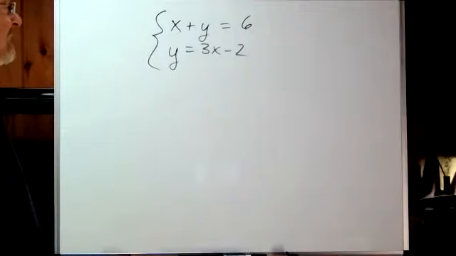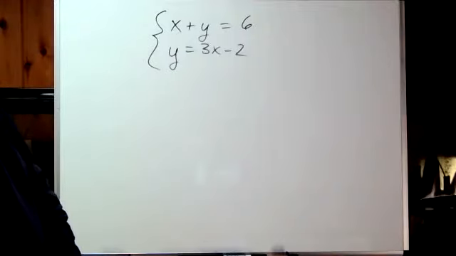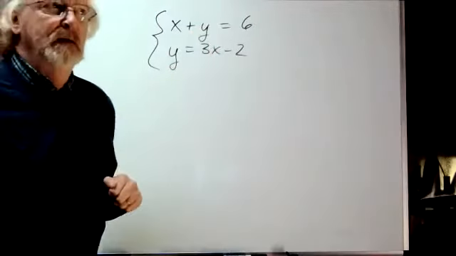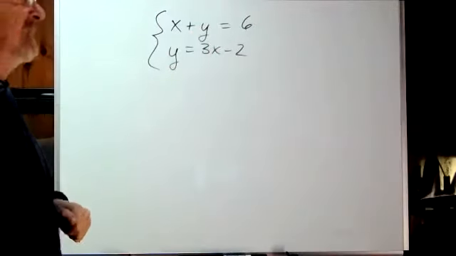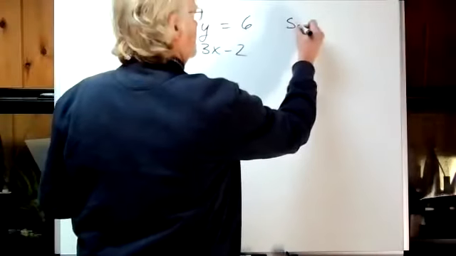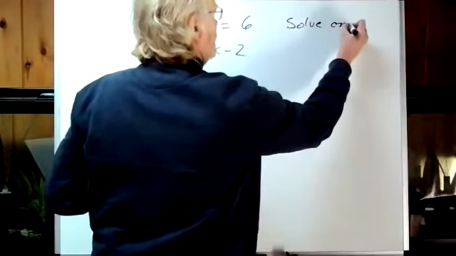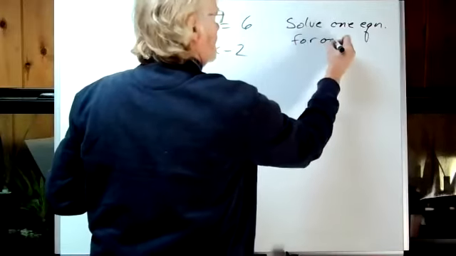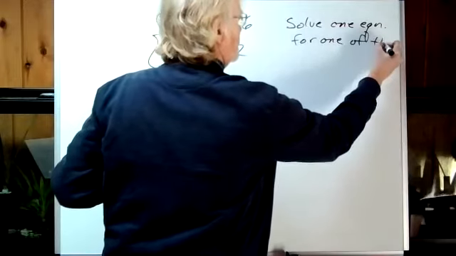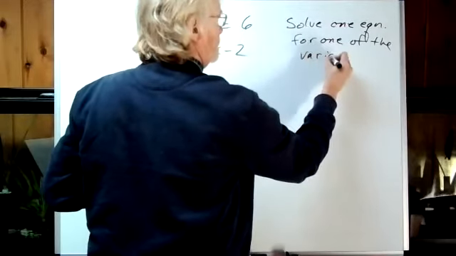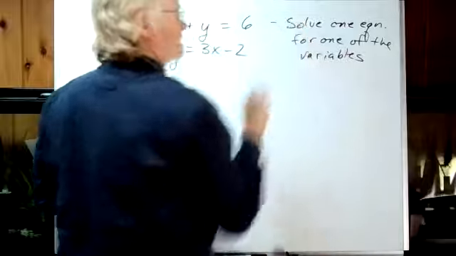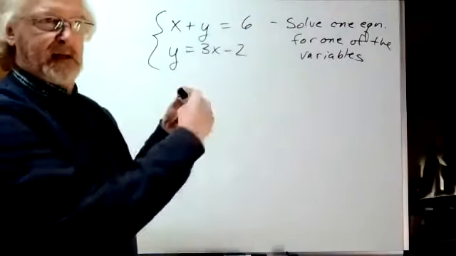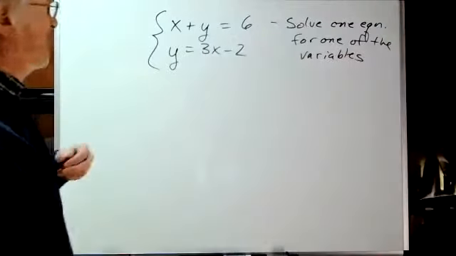Here's a system. It actually has one in standard form and one in the mx plus b form. So the technique is: solve one equation for one of the variables. So there's the first step. Solve one of the equations for one of the variables, like L equals 3W a minute ago.